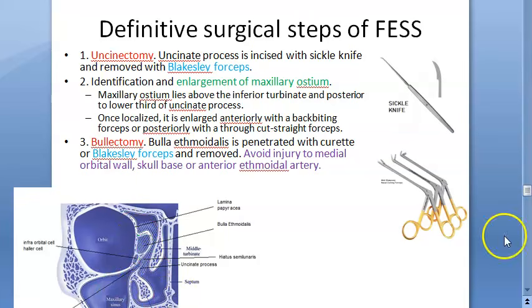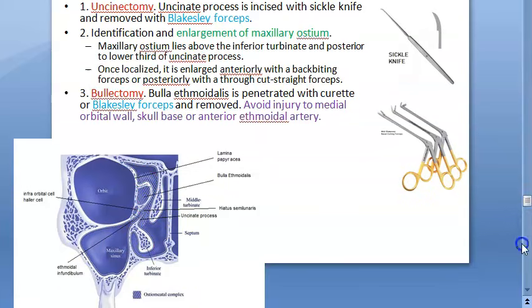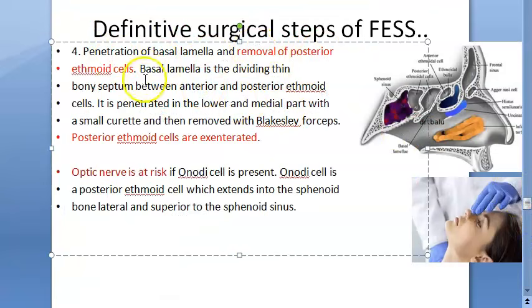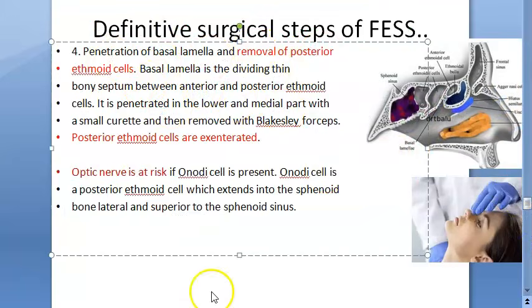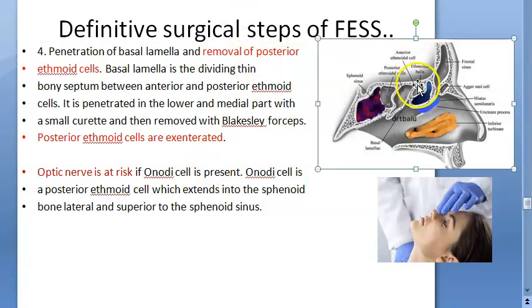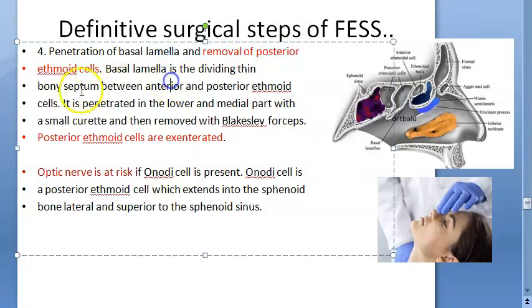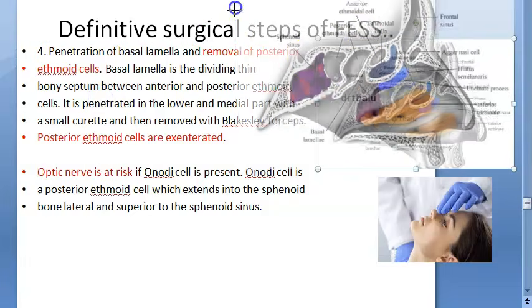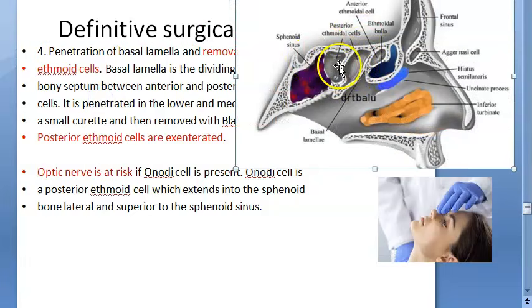Next they will go to posterior ethmoidal cells. Okay. So people, we are now going to enter the posterior ethmoidal cells. So the basal lamella which is dividing the anterior and posterior ethmoid cells, they are going to penetrate that and then they are going to remove the posterior ethmoidal cells.